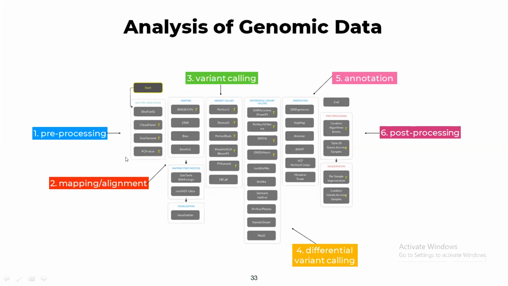Then you will see how to align your reads on a genome to perform mapping or alignment, how you can generate variant calling, how we can generate differential variant calling using the T-bioinfo platform, and how we can annotate these variant calls or mutations. Finally, we can analyze the post-processed data or the outputs using the T-bioinfo platform.